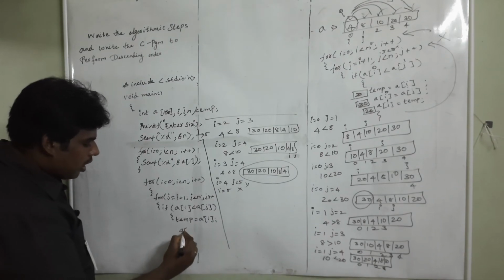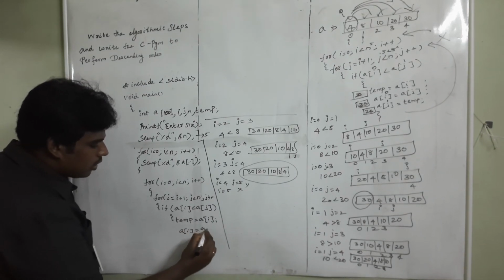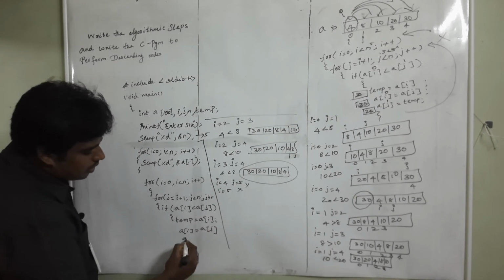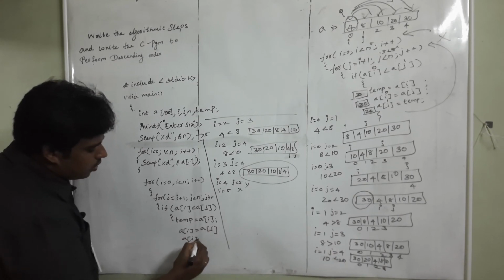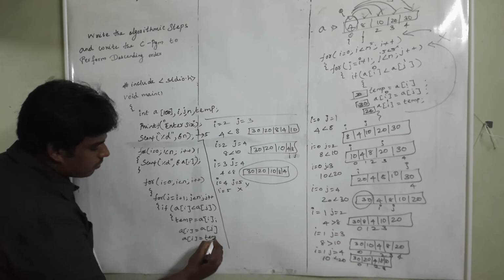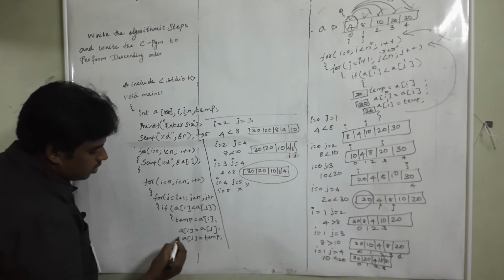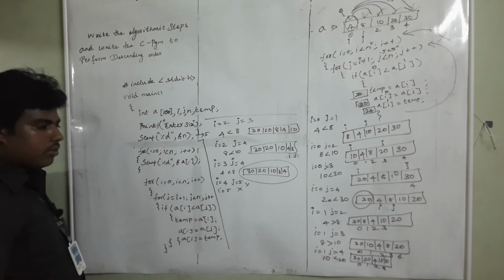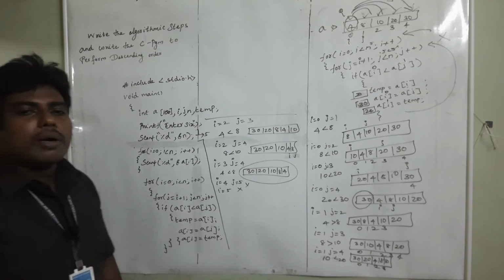Then a of i equal to a of j, then a of j equal to temp. Close this if, then the outer for, then for. So till here you completed this logic.